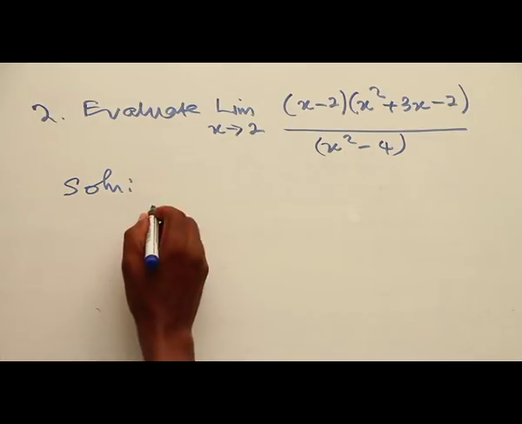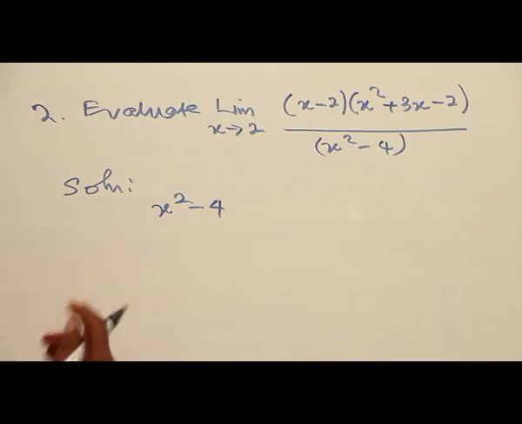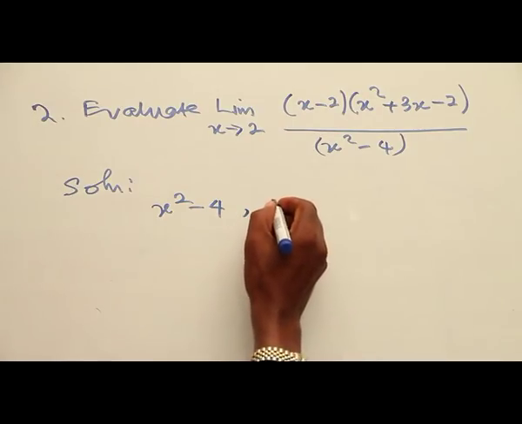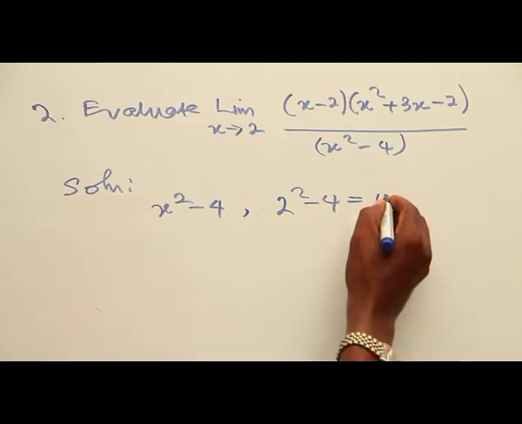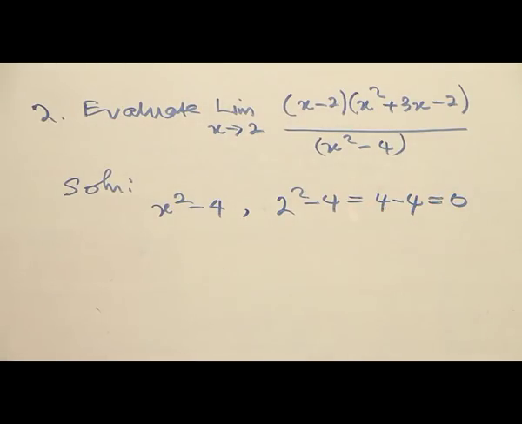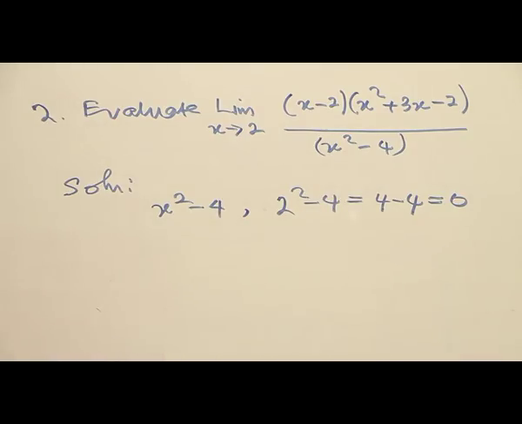If you look at the denominator, it's s squared minus 4. If we take our s to be exactly 2, we have 2 squared minus 4, which is equal to 4 minus 4, and the value will be 0. You recall that division by 0 is undefined. So if it is undefined, it means that we cannot continue by simply substituting the value s equal to 2.